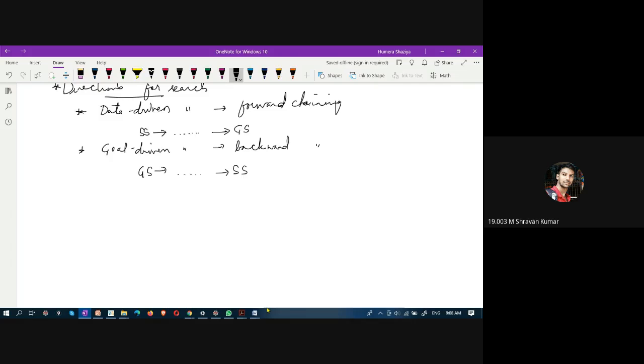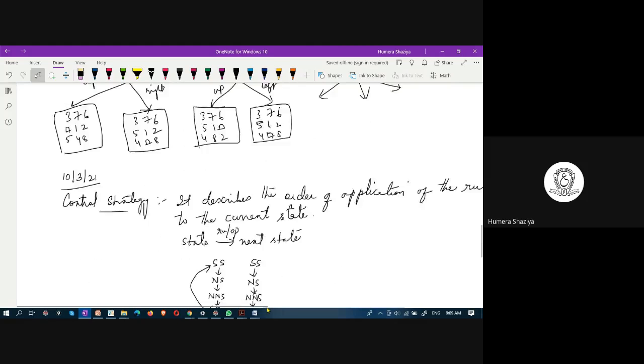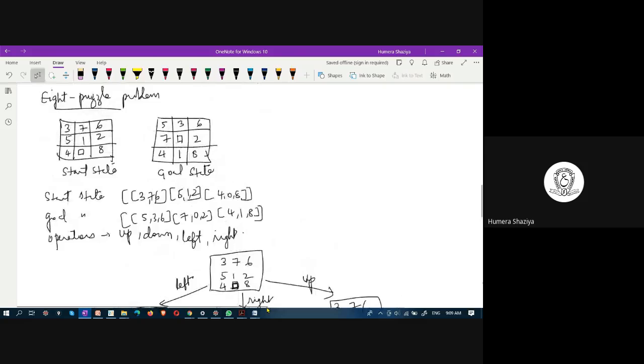How can the system know that that is the goal until and unless it performs any action? We have to specify to the system that this is the start state and this one is the goal state. Then the system knows that it has to begin from here and eventually reach here.